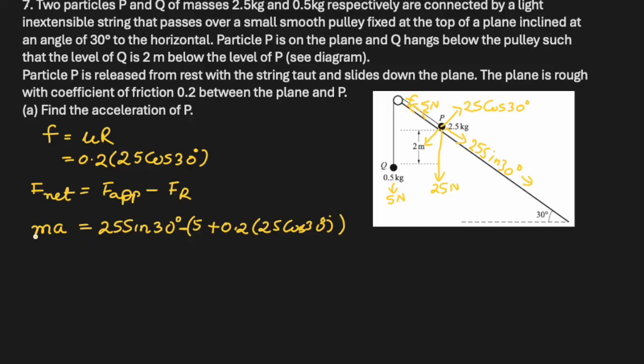Because we are taking the 5 Newtons as resistance, the whole system has to be used. So the mass here will be 2.5 plus 0.5, both masses connected, and acceleration is acceleration. 25 sin 30 is half, so it will be 12.5 minus 5 minus 0.2 times 25, which is 5 cos 30.